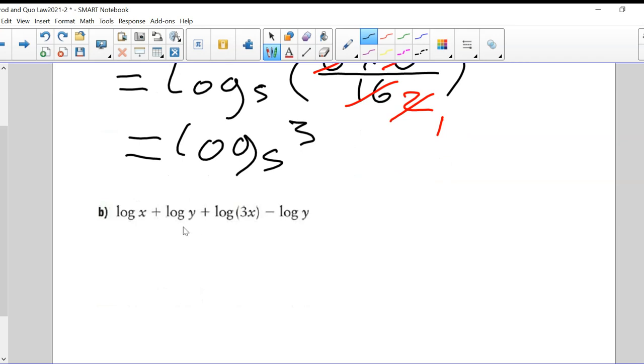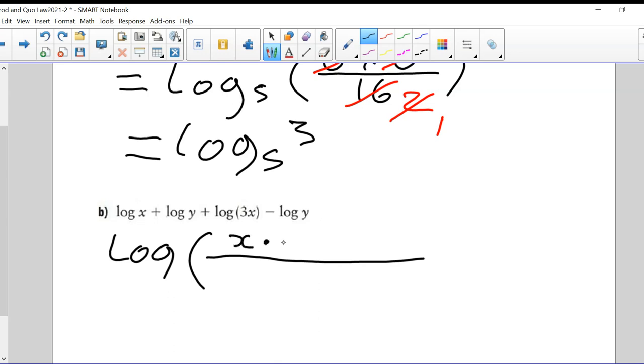The log of x plus the log of y plus the log of 3x minus the log of y. So that means that's the log of, again, I have the x being multiplied by the y being multiplied by the 3x, and then I'm dividing by the y at the bottom.